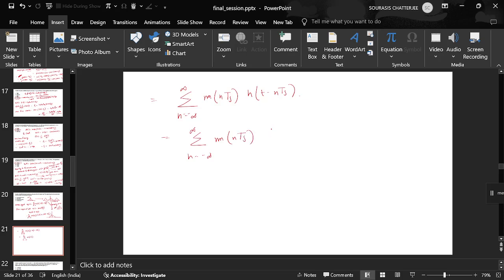I'll just go one more step. The summation over n equal to minus infinity to infinity of m(nTs) sinc(fs t minus n), because fs Ts is going to be 1. So you can see this is nothing but a scaled summation of sinc pulses, where m(nTs) is the scaling factor.